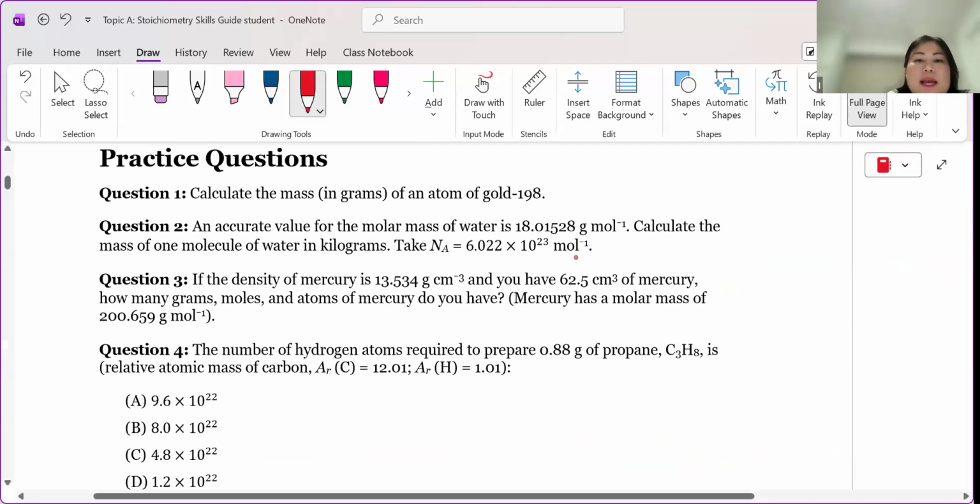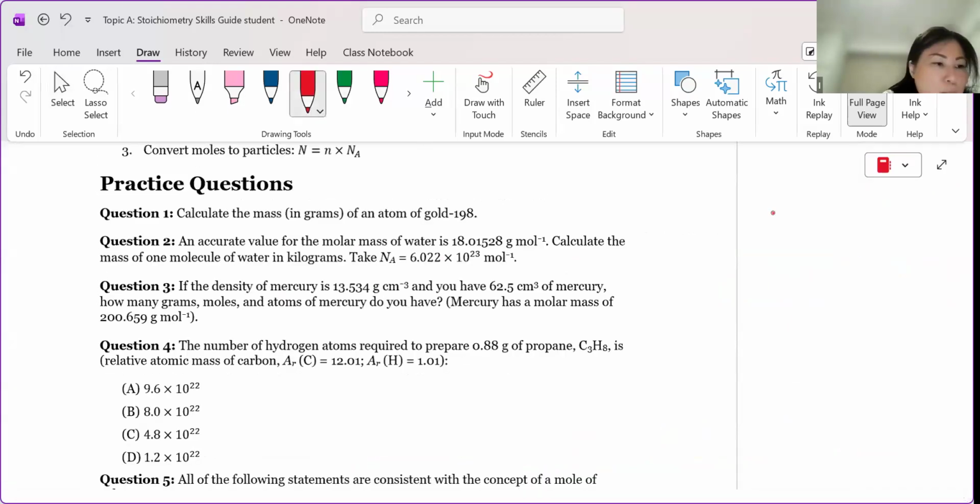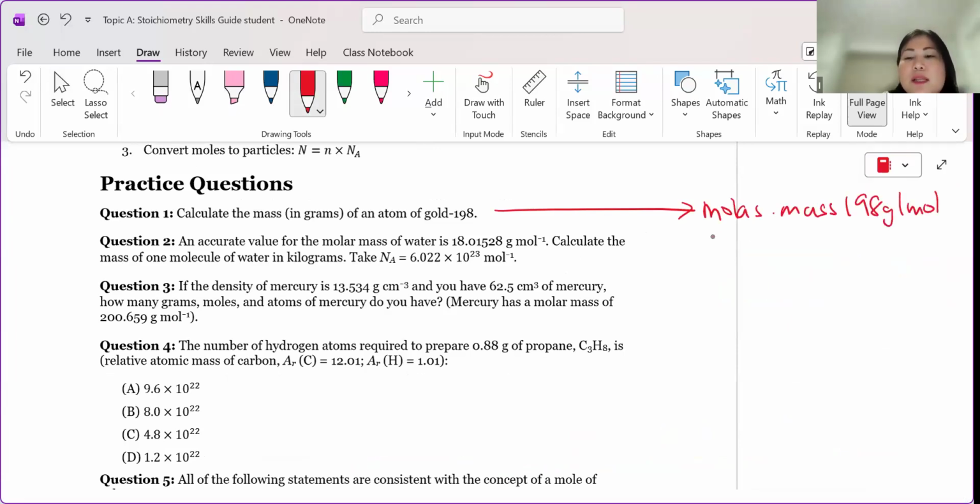Calculate the mass of an atom in Au-198. So in Au-198, we are taking into consideration that the molar mass is 198 grams per mole. And 1 mole of particles contains 6.02 times 10 to the power of 23 particles of atoms, right?